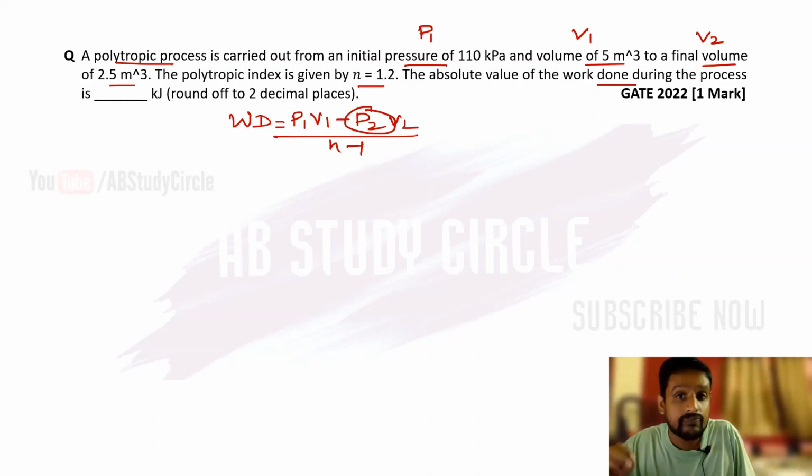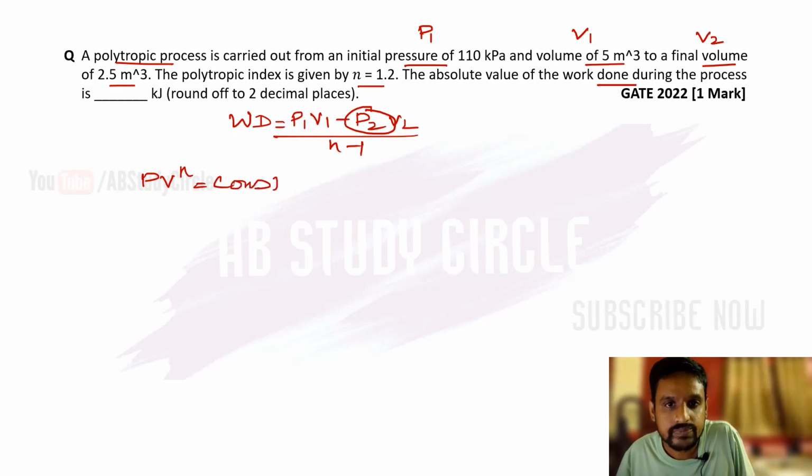So for finding P2, we have another equation, that is the polytropic law, PV to the power n is constant. For this, we have P1 V1 to the power n is equal to P2 V2 to the power n.